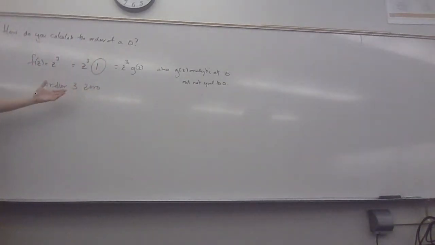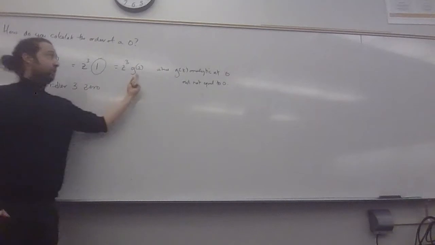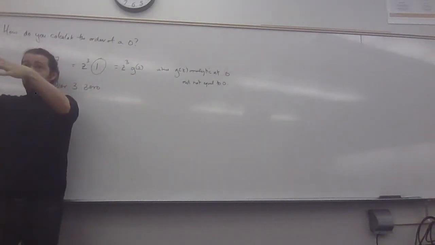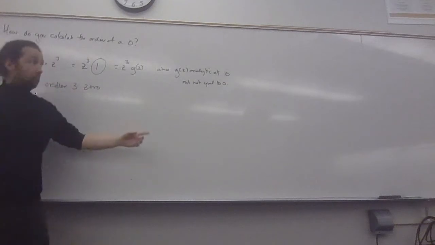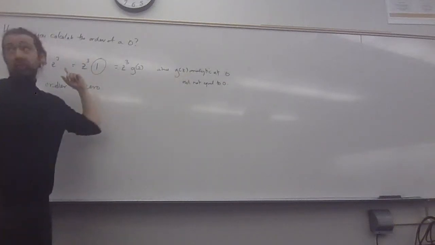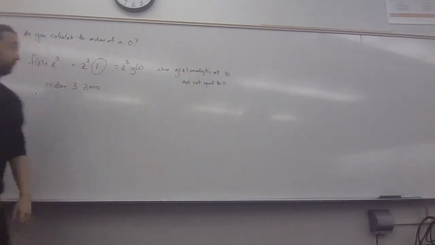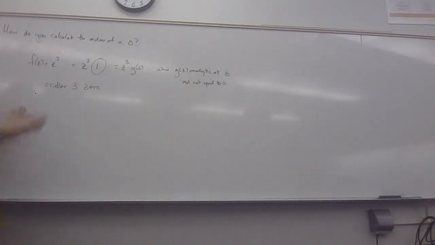So I start with an analytic function here, but really what I want is a function that is not 0 in a neighborhood of the 0 of the function. So I'm pointing out the extra fact that if I started with an analytic function, I retain an analytic function here. And it's order 3 because the power of z to the third factors out.